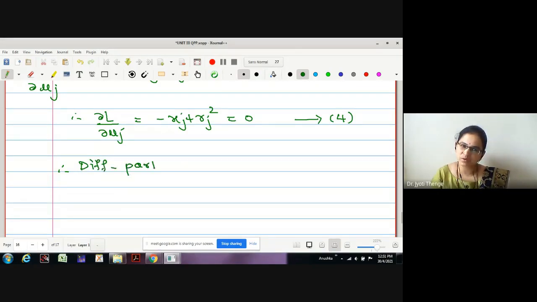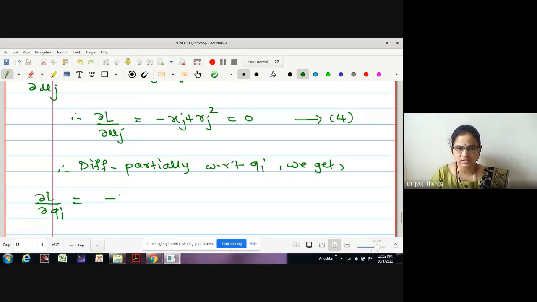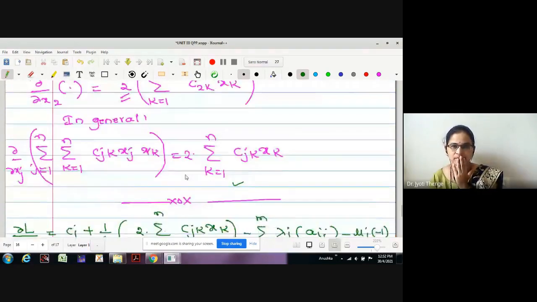Differentiating partially with respect to qi. Read dou L by dou qi. Yes, this is minus lambda I into, is it 2qi? Check.